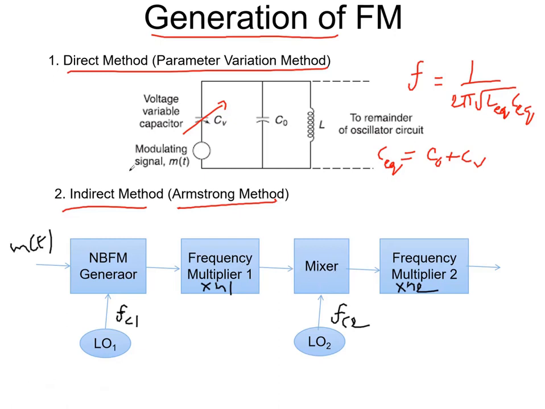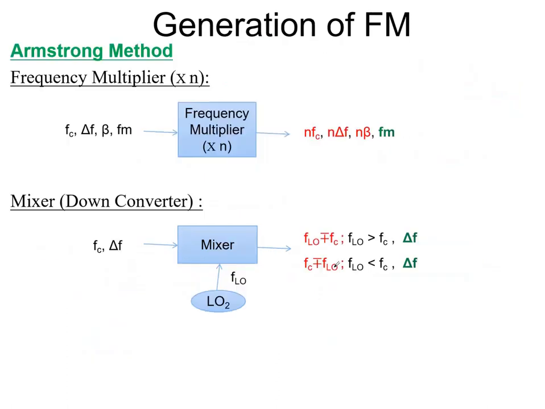You might have already seen the mixer in the AM superheterodyne receiver. Now, if you are given a multiplier block of multiplicity n, whose input parameters are the carrier frequency Fc, frequency deviation del f, modulation index beta, and message frequency Fm, the output parameters will become like this. Fc is the carrier frequency before giving to the multiplier, and del f is the frequency deviation.